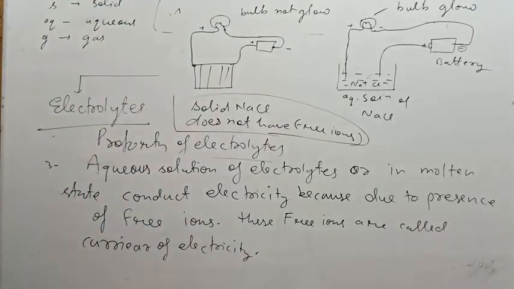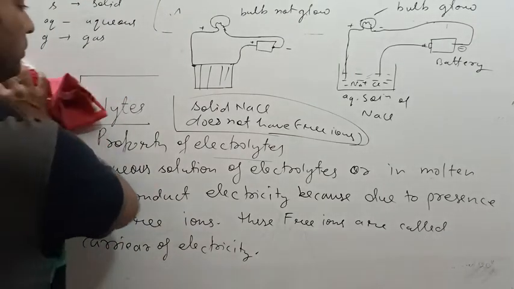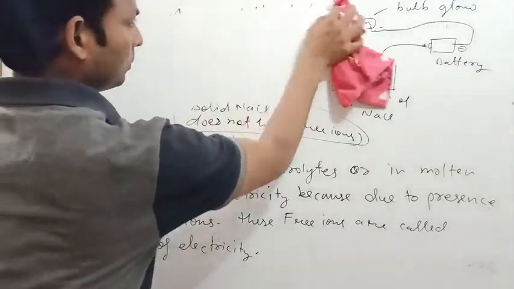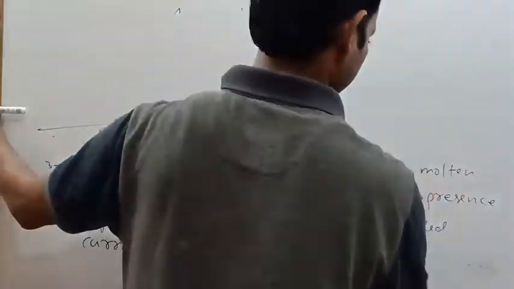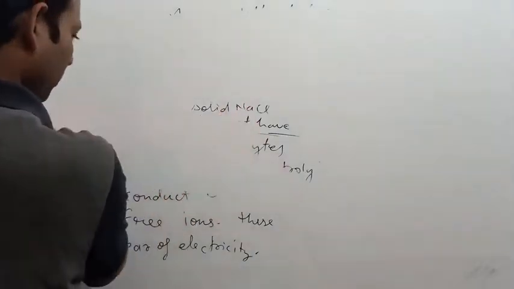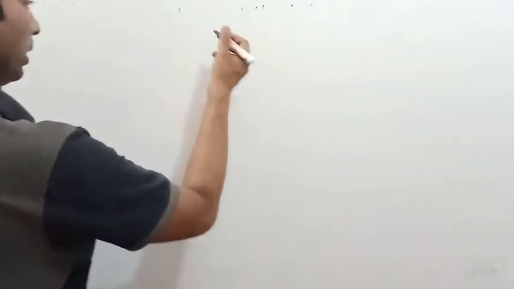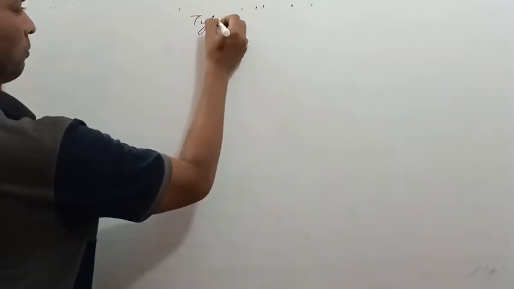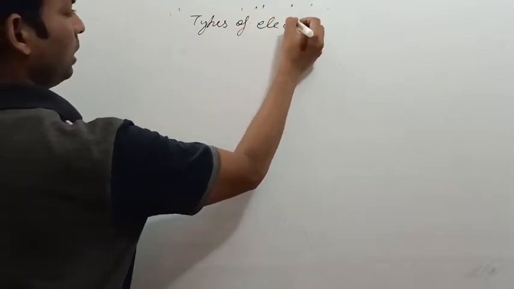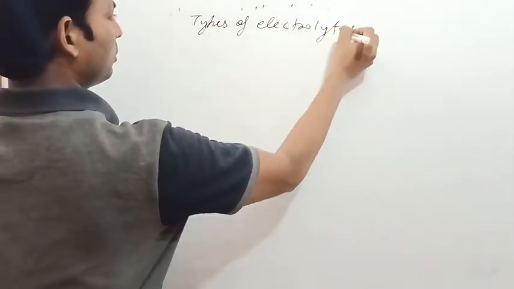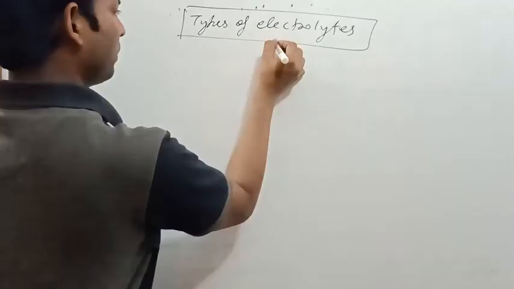Now types. I'm going to clean the board. Types of electrolytes. There are two kinds of electrolytes.